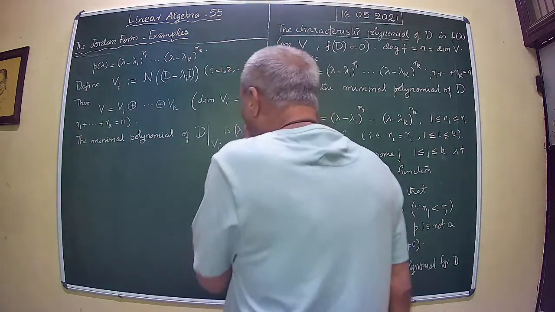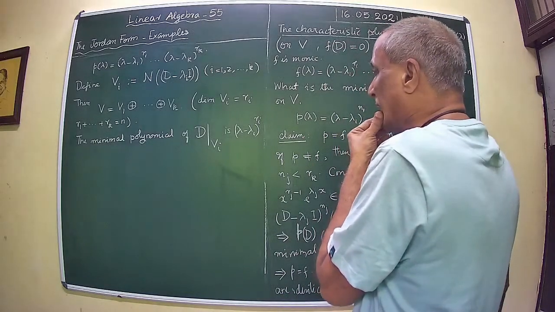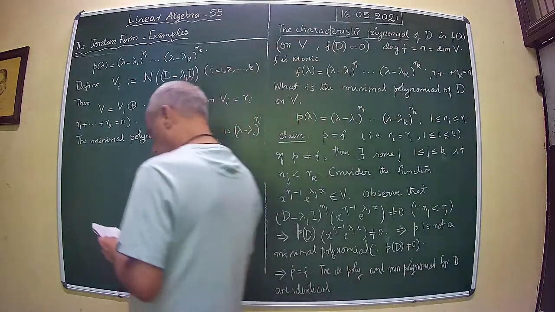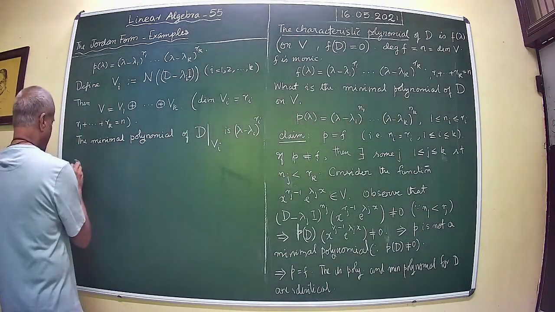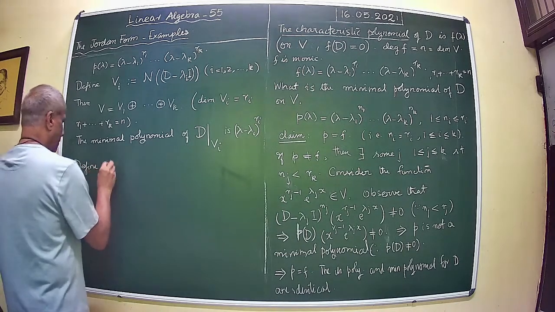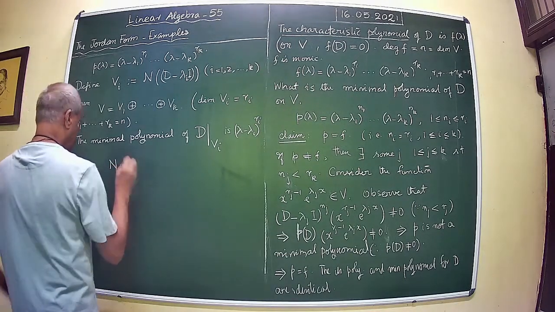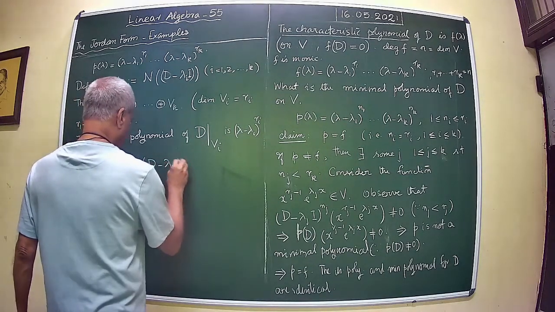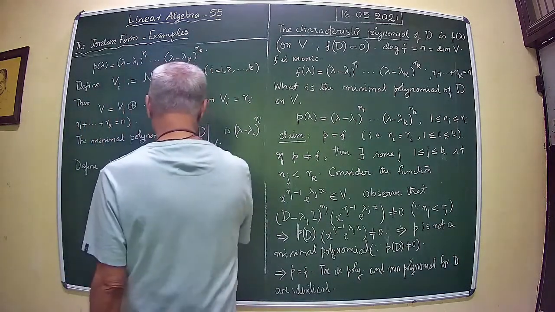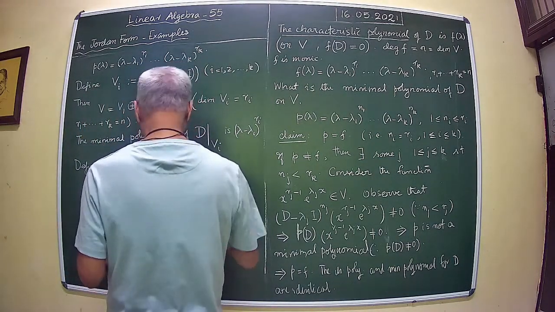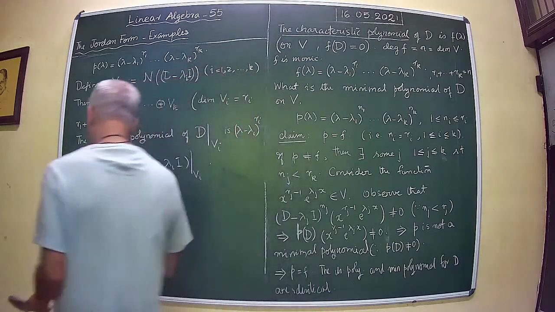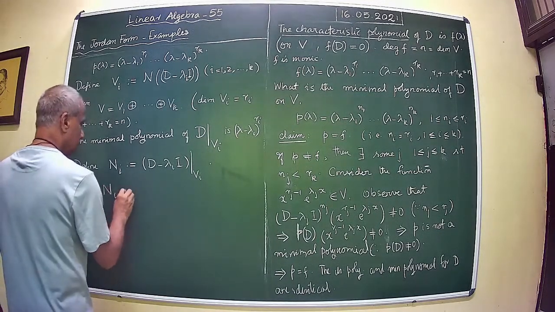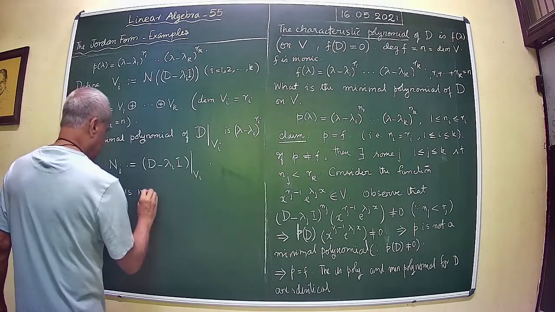Now we define what are called the nilpotent operators associated with the D. Okay. So define Pi. Then Ni is nilpotent.